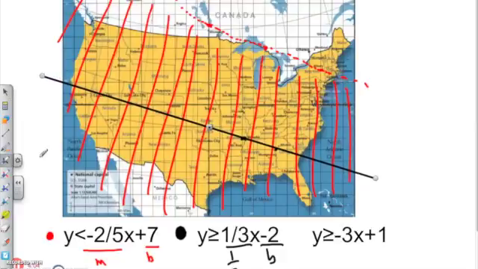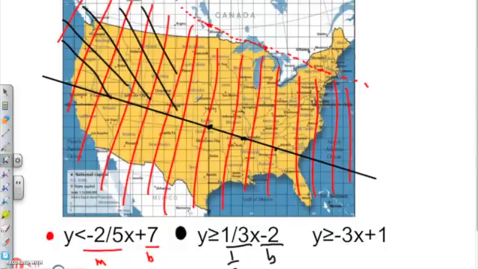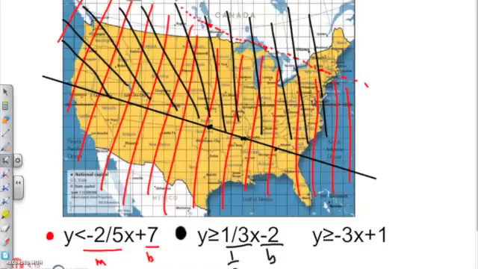Alright, and this time we want greater than or equal to, so we're going to shade above. Alright, so we're starting to narrow down where our solution might be. It's going to be somewhere where the red and black overlap.